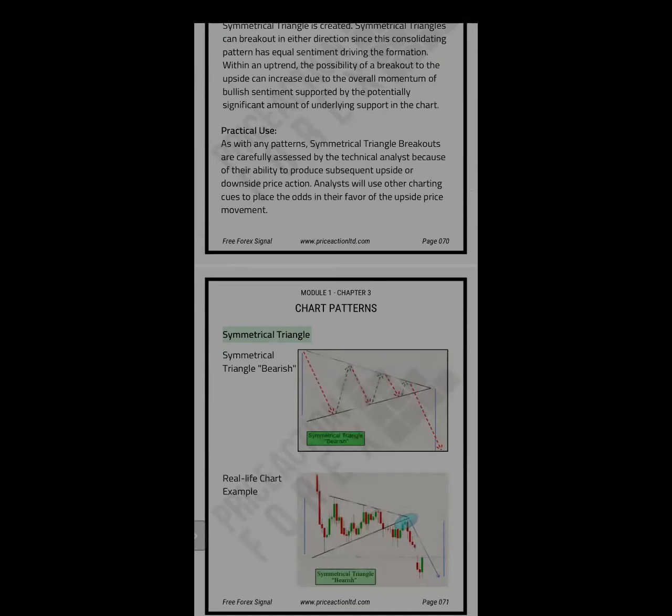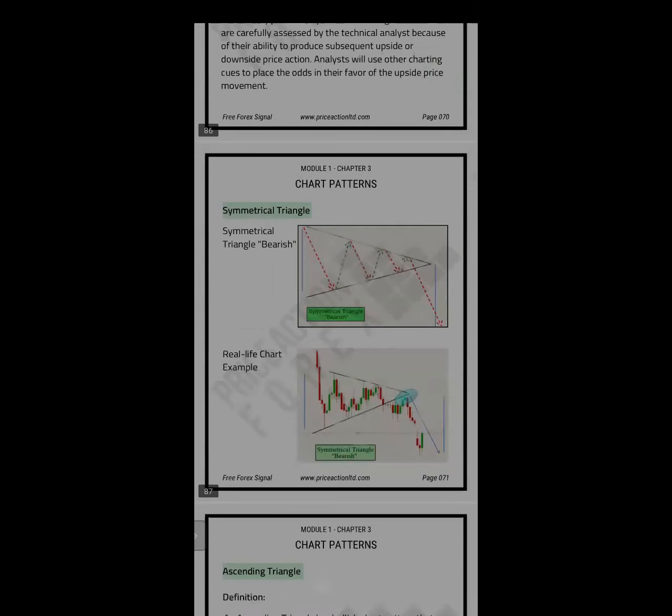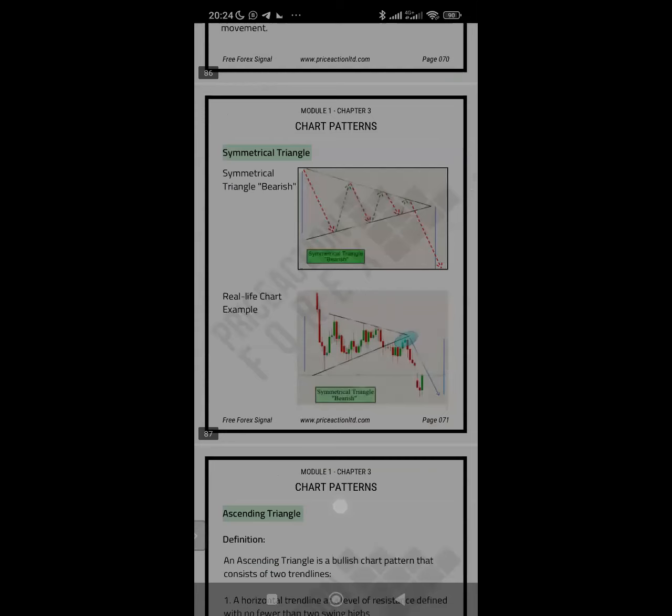Like what you are seeing here is how a symmetrical bearish triangle used to look like. And I'm going to try to show you guys more examples using our chart.